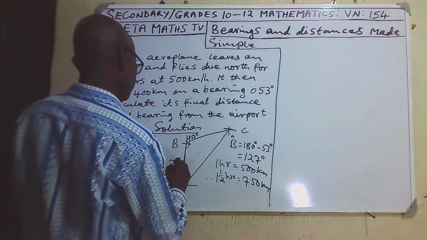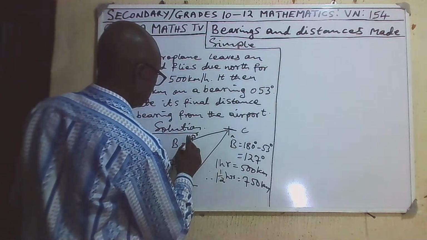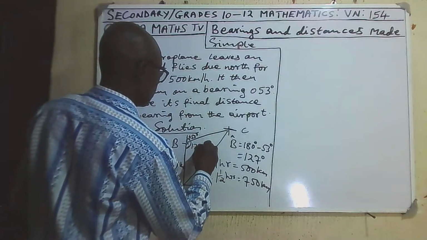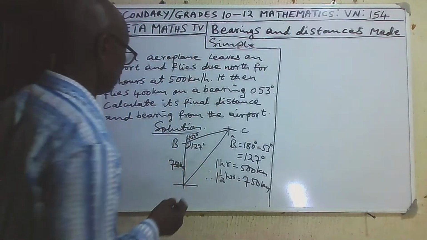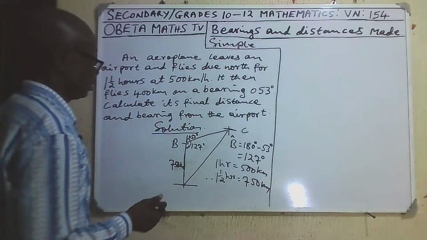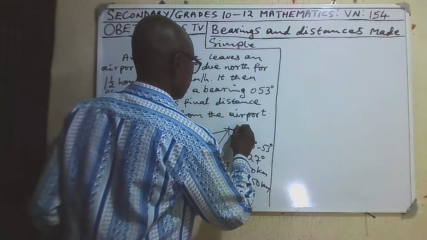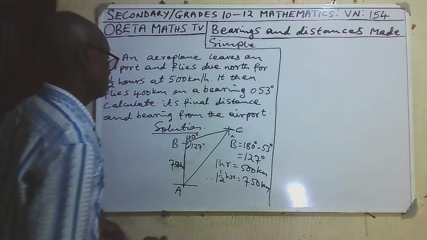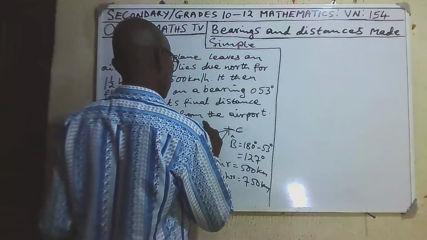So this should be 750. And then the whole of this angle now is 127 degrees. Remember, we have to calculate this final distance and bearing from the airport. In fact, this C point should be the final distance, and this is the airport. So this is 750 and this is 400.